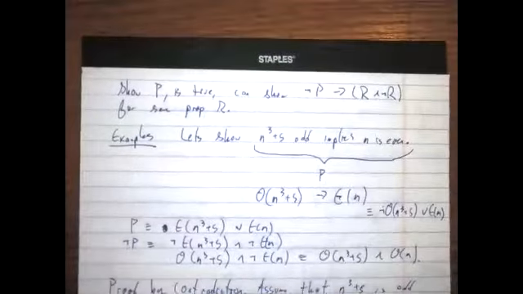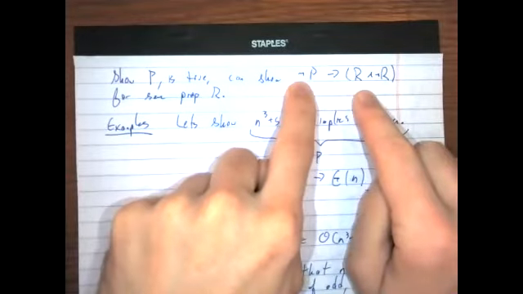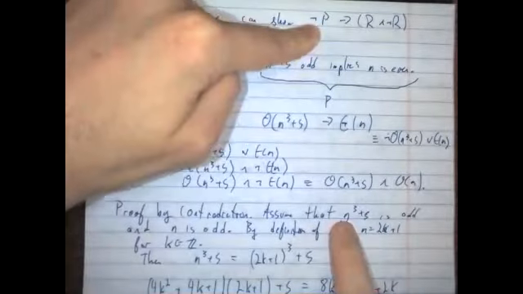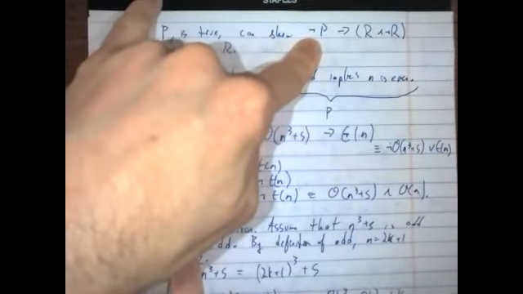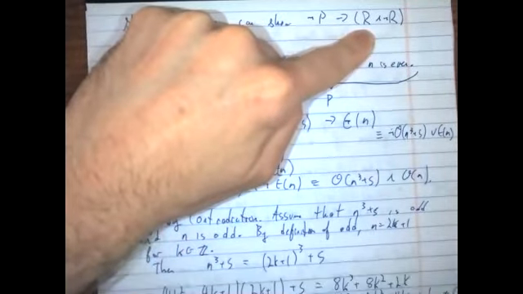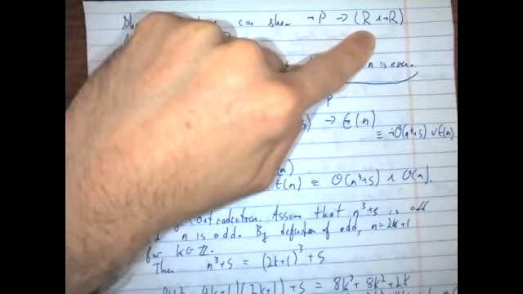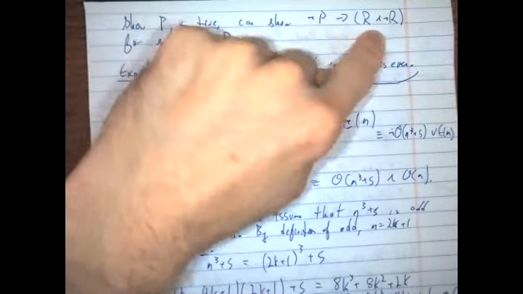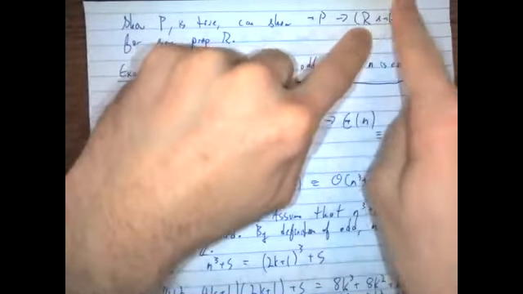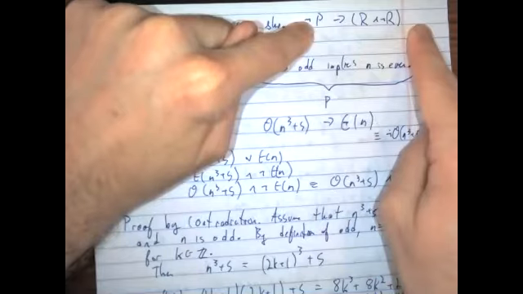So what we showed was this. We took not p, in this case, not p is the statement n cubed plus 5 is odd and n is odd. And what we showed is that n cubed plus 5 is even and n cubed plus 5 is odd. Since this statement is false and this whole thing is true, not p has to be false.